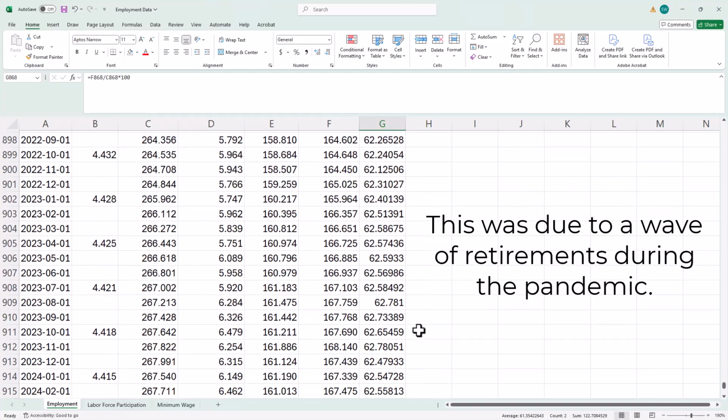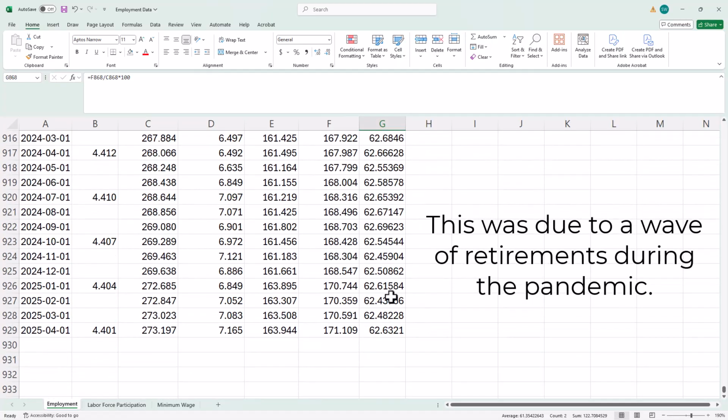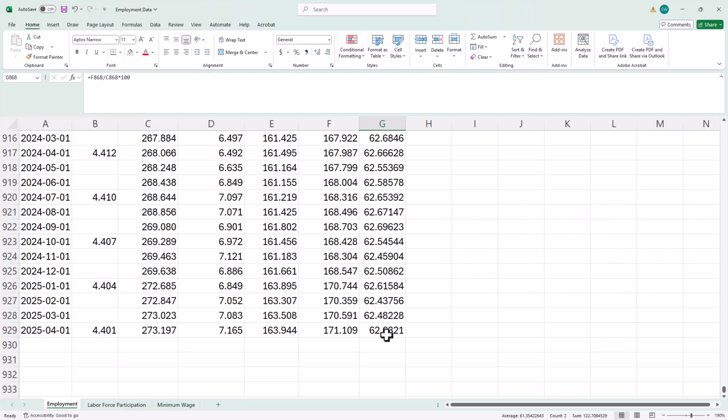And it has gone up since then, but has only just come back to its pre-COVID levels. So if we look at the most recent piece of data here from April of 2025, we can see that the participation rate was 62.6%.